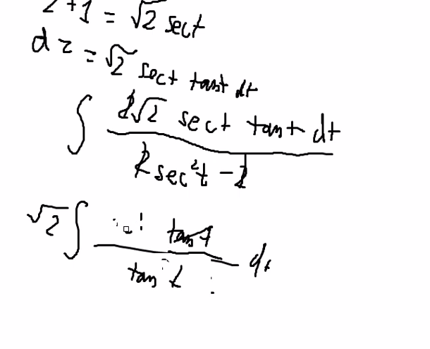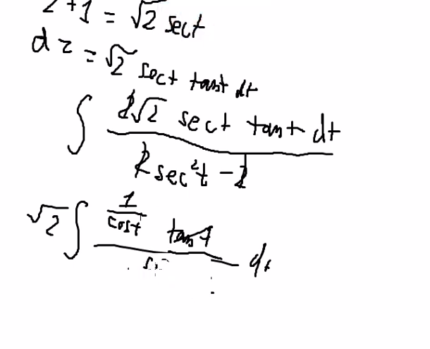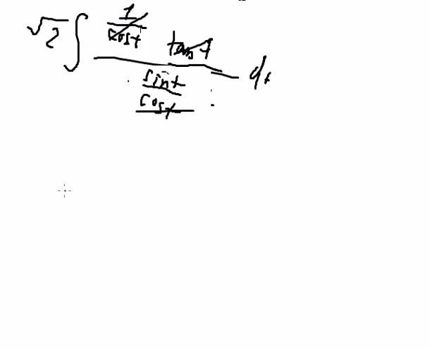We can change to 1 over cosine t. Tan t, we need to change to sine t over cosine t. So this one we cancel. Now we just have 1 over sine t.